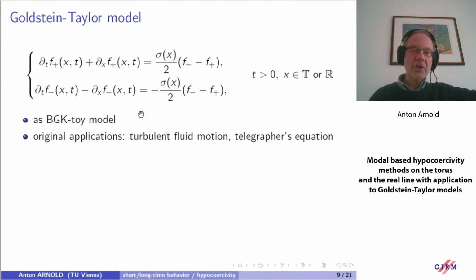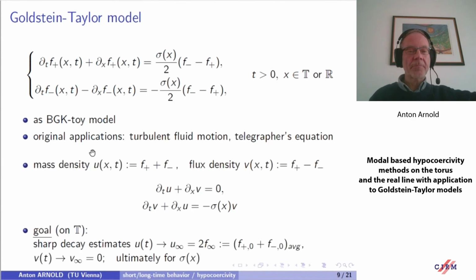So this Goldstein-Taylor model can be seen as a very simple toy model for a BGK equation. As I mentioned before, it's not the model itself that is of our interest here, but it's rather used to apply those tools. Original applications of this Goldstein-Taylor model go back to simple models for turbulent fluid motion, or it can be equivalently written as the telegrapher's equation.